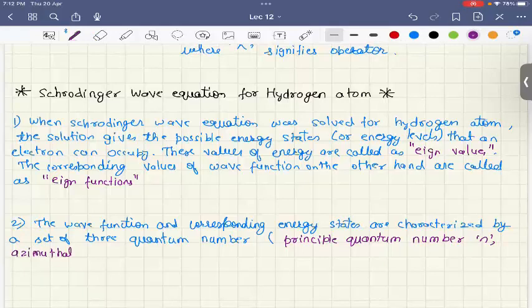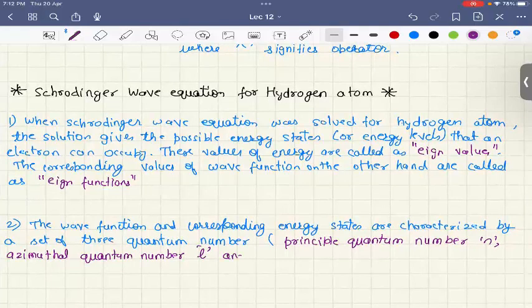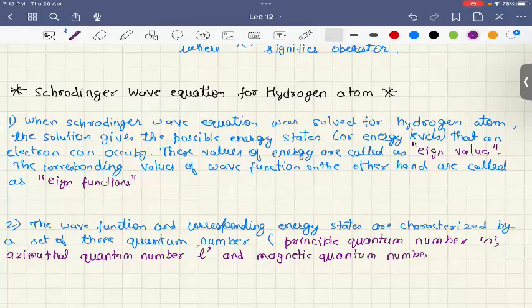Azimuthal quantum number, which is denoted by the small l, and magnetic quantum number, which is ml, right?